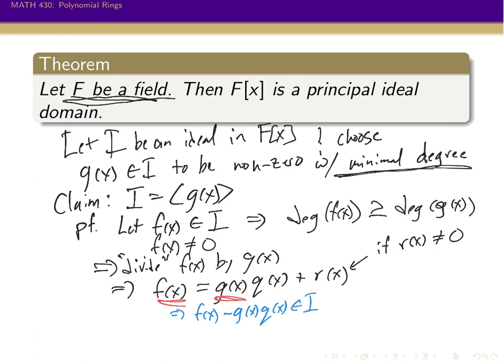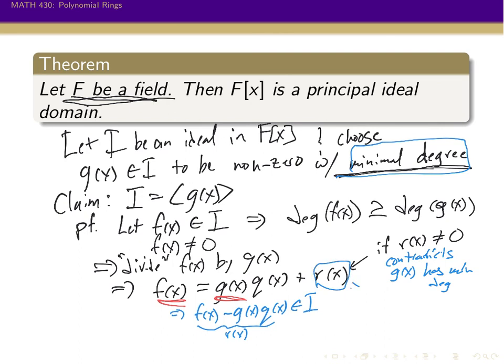And so that would be r(x). But r(x) has degree strictly less than g(x). And so that would contradict that g(x) had the minimal degree. So if r(x) is non-zero, this contradicts that g(x) has minimal degree. So this means that r(x) has to equal 0.